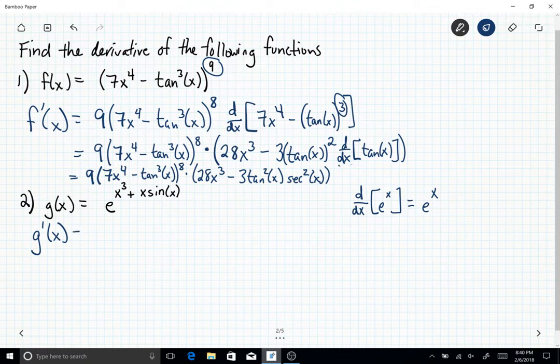So in this case, we'll still take the derivative of the e, because that's essentially our base there. We're going to have that behave the same way that we were having other functions behave, but we don't have x up there anymore, and since that's no longer x, we have to take the derivative of that part, and that's the chain rule applied to an exponential function. So we need to multiply by the derivative of x cubed plus x sine of x.